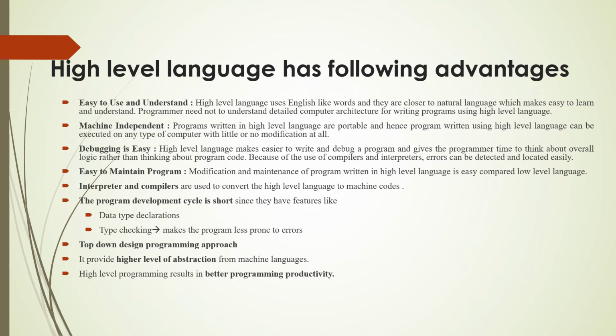A big advantage is that the program development cycle is short, because you have features like data type declarations and type checking, so we can reduce errors a lot. It makes use of the top-down design programming approach, unlike low-level language, in which you make use of the bottom-up approach. It provides a higher level of abstraction from machine languages, and high-level programming results in better programming productivity. These are the various advantages of high-level language.